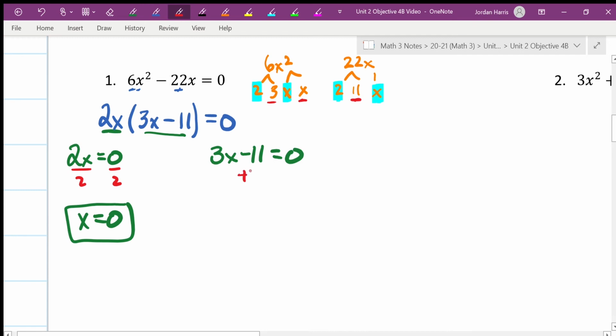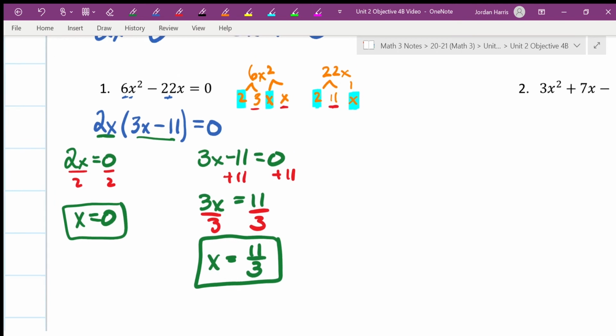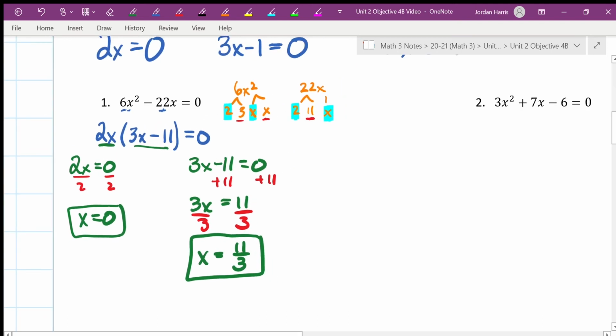The second one takes a little more work. I add 11 and get 3x equals 11. Divide by 3, and I get my second solution of x equals 11 over 3. Notice it doesn't simplify nicely. We always have to simplify if possible, but 11 over 3 has no common factors, so there's no simplifying, and we're done. Those are my two possible answers.